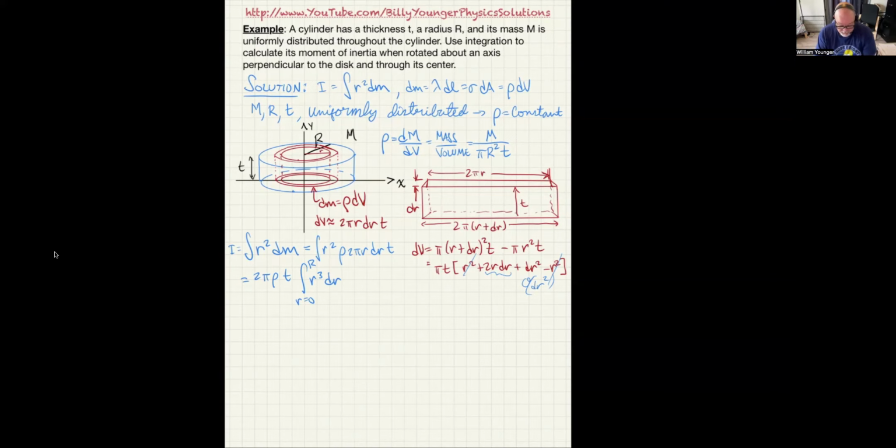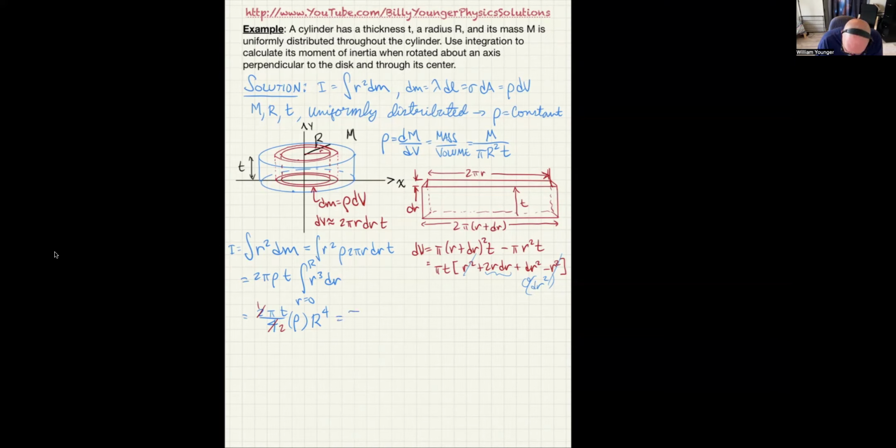The integral is just 1/4 r to the fourth. So I'm going to get 2 pi t over 4. I'm putting the rho separate because I'm getting ready to substitute that in. And then 1/4 r to the fourth becomes 1/4, which I've already got the 4 out there, and then times big R to the fourth. So that's what that is. We can cancel out this and replace it with a 2 and replace that with a 1. But now I'm going to go ahead and substitute in what rho is.